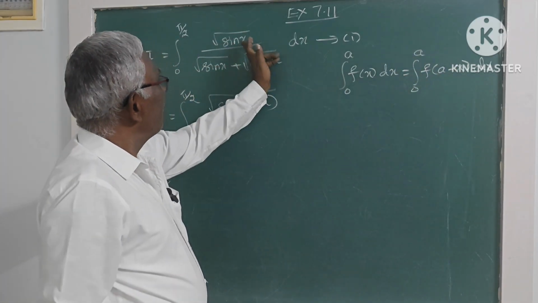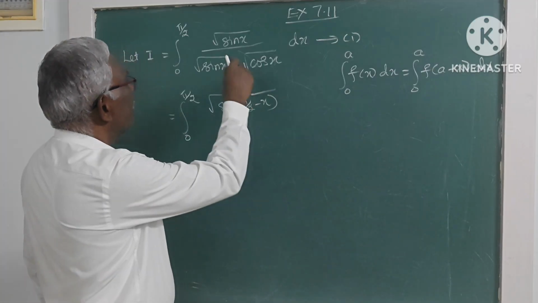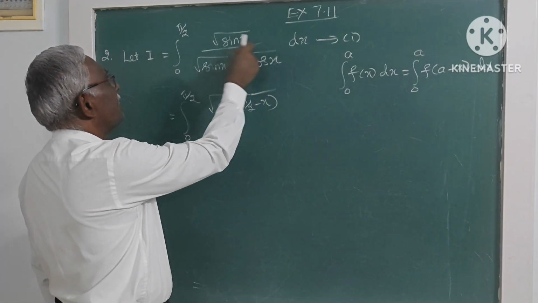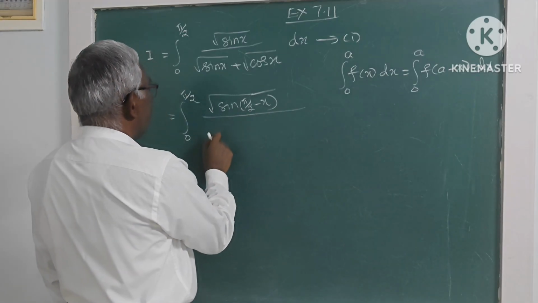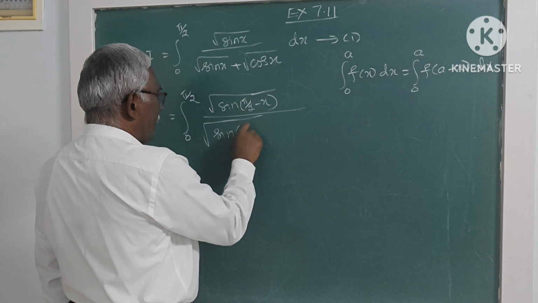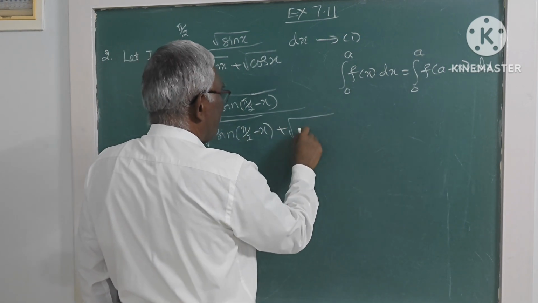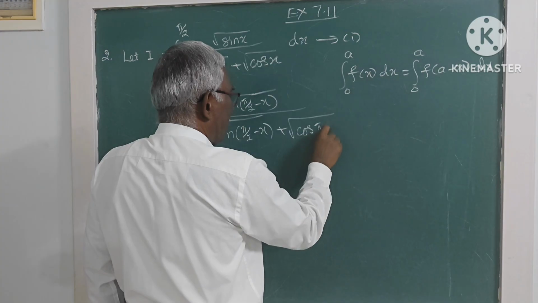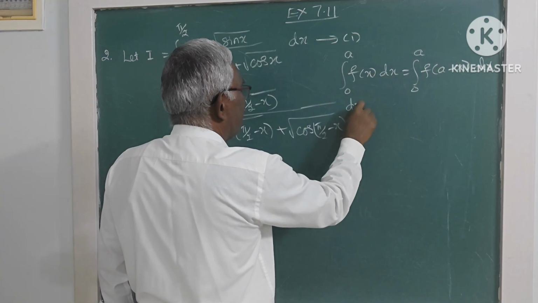Wherever x is there, we have to replace by a minus x. Here, wherever x is there, we have to replace x by pi by 2 minus x, divided by square root of sin of pi by 2 minus x plus square root of cos of pi by 2 minus x dx.